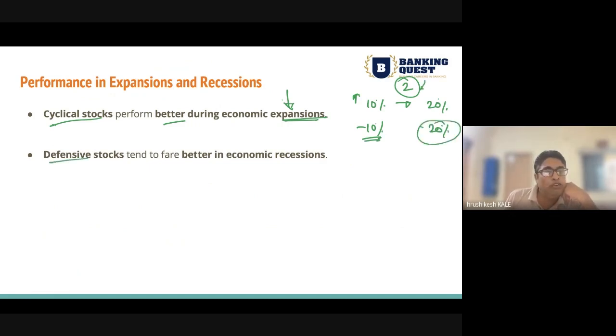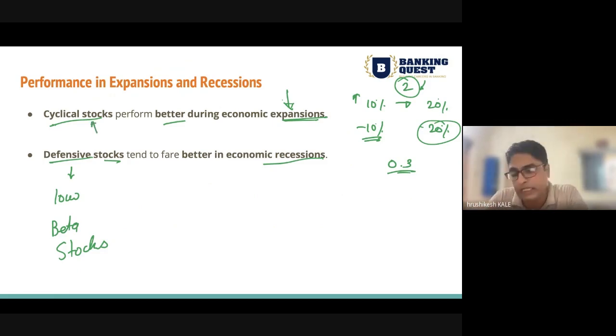So defensive stock does better in economic recession, where beta is low, let's say 0.3, 0.4 or something like that. So those whose beta is low are called defensive stocks, low beta stocks. These are called defensive, and high beta stocks are called cyclical stocks.